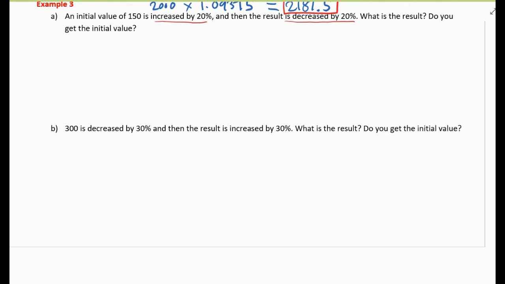Okay, let's do it together. Increased by, so that is 100 plus 20. Decreased by is 100 minus 20. So that is 120% and that is 80%. We're going to find 120% of 80%.